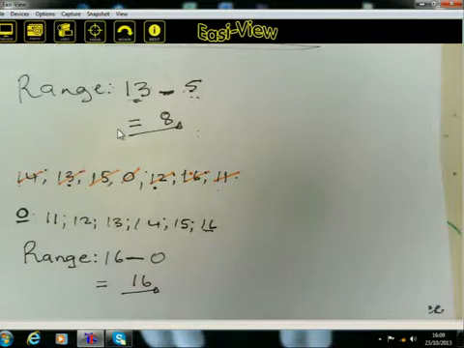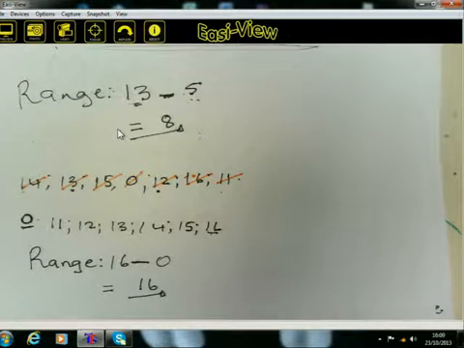Let's take the other one. You remember we took that one of 149. Let's repeat it again. That's 149, 218, 321, 0, 156, 223, and the last one is 219.